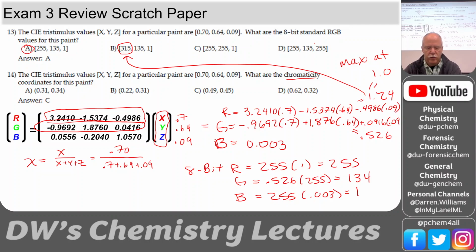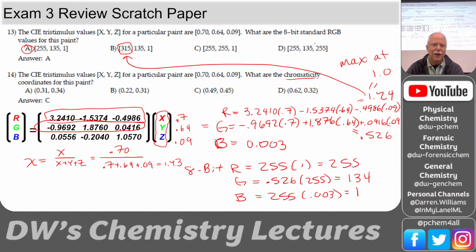Enter 0.64 and 0.09. So the sum on the bottom is 1.43. So 0.7 over that.